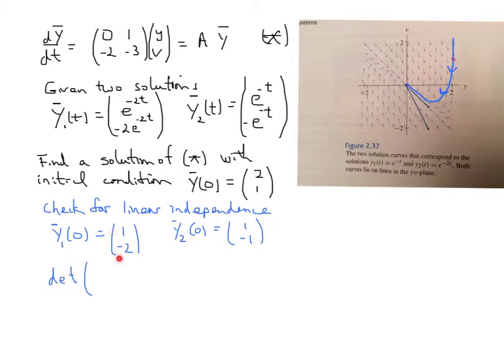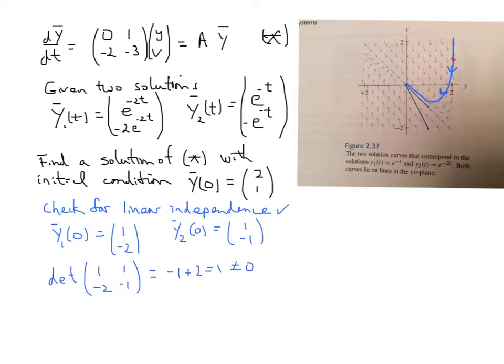I choose this to be my first column, (1, -2), and I choose the second one to be the second column. If the determinant is 0, they're not independent. If the determinant is non-zero, they are. This determinant ends up being negative 1 plus 2, which is 1. And so that's not 0. So we have linear independence. That's good. Check.